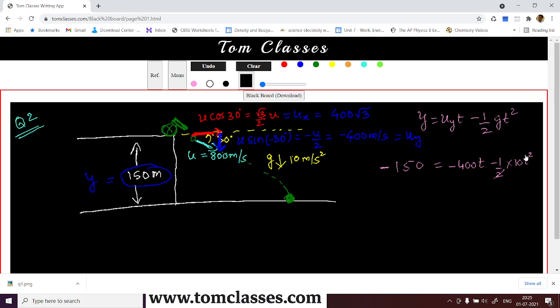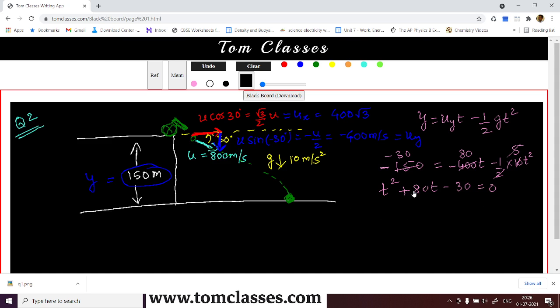Dividing by 5, this becomes t square plus 80t minus 30 equal to 0.